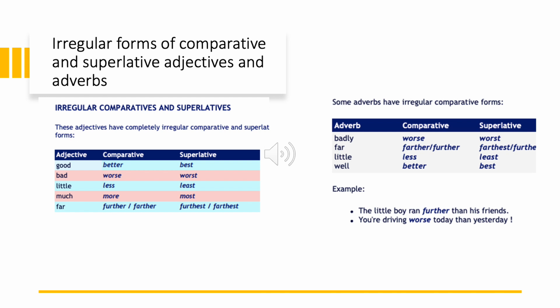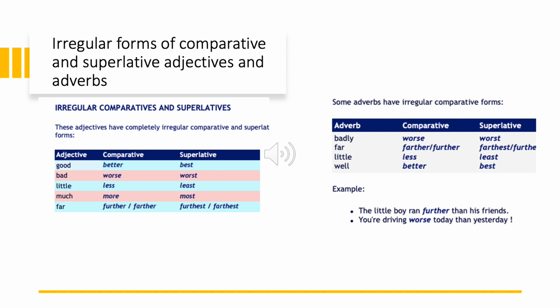So, to summarize what we have done so far in this unit, we are talking about the degrees of comparison. Adjectives and adverbs, that is, the qualifying words used in a sentence, may take different forms depending on the number of things or units or people that are being compared. When there is only one thing being spoken about, when there is only one noun, you use the positive degree of comparison.